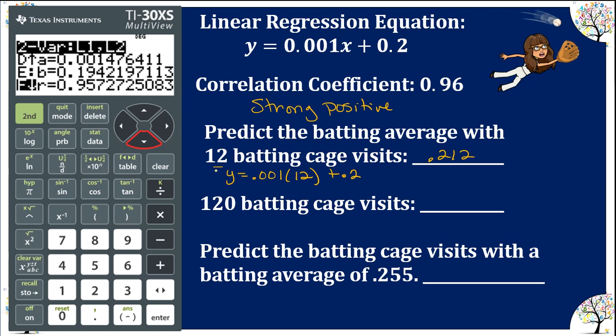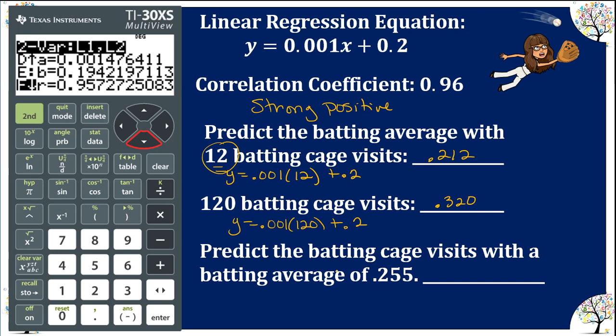So visiting 12 times may not be the best outcome. So let's see our batting average when we visit 120 times. 0.001 times 120 plus 0.2, so 0.32.